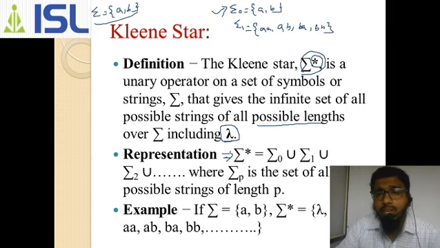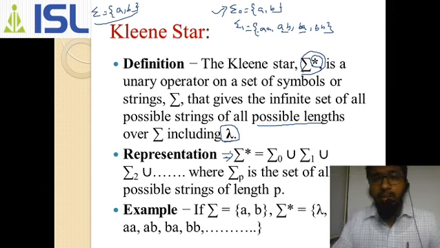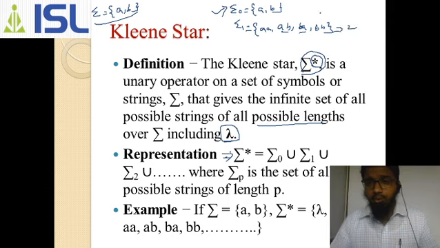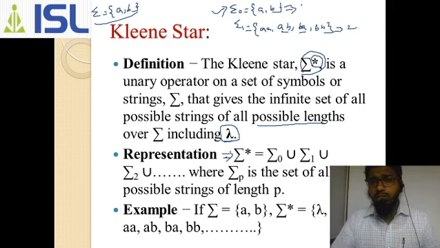For your information, ab and ba are different. So we can make these. What is the length of these? The length is 2. What is the length of this? 1.